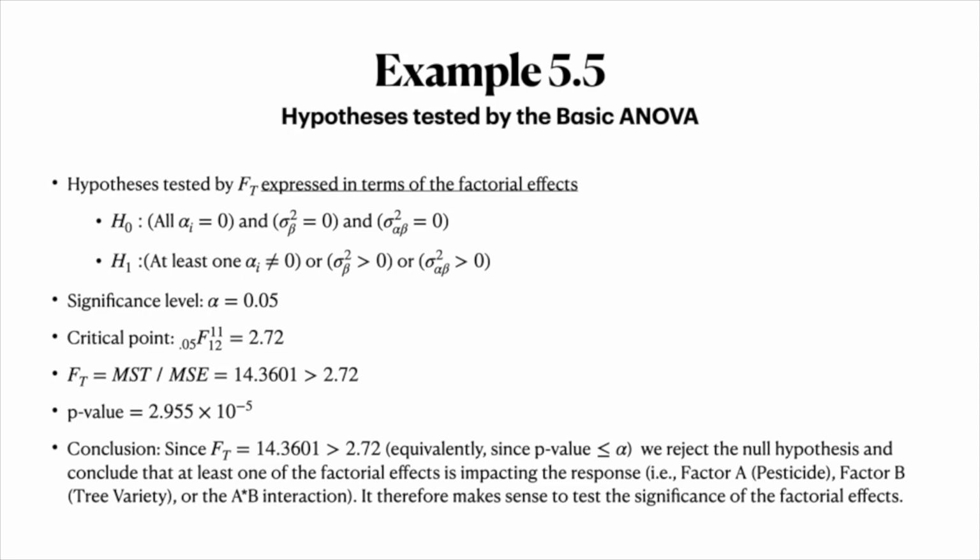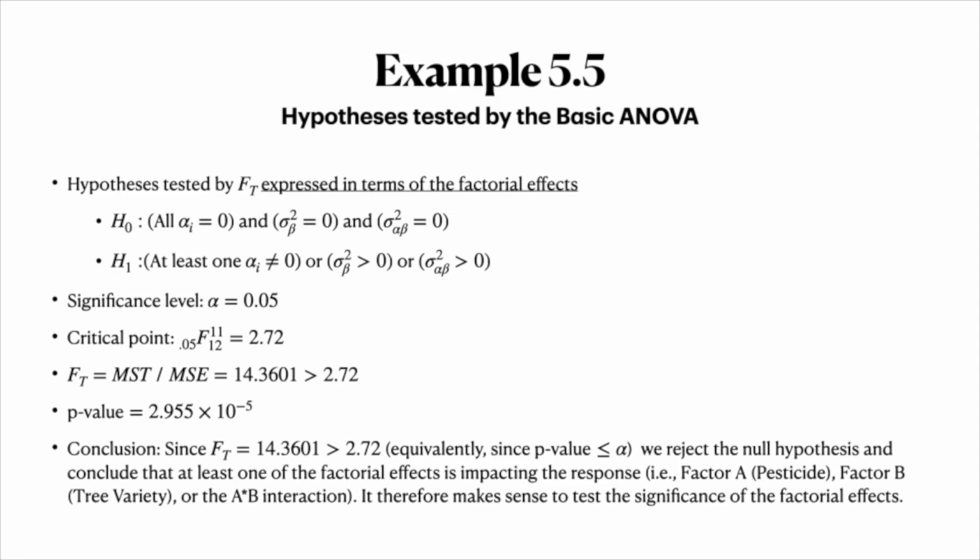The alternative says, it's the logical complement of the null, obviously. It says that at least one of the alpha i's is non-zero, or the variance of the random effect for factor B is greater than 0, or the variance of the random interaction effect is greater than 0.